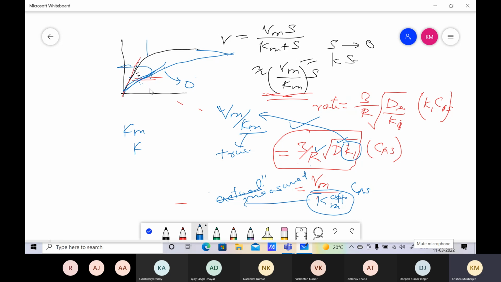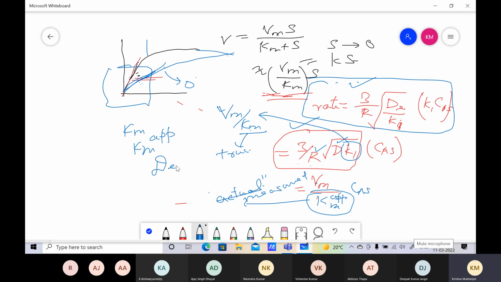And because this is a first order reaction, all our assumptions and the rate equation are perfectly okay. So we can use this equation, and between these two derivatives, we can put them equal, and you can see the relationship between Km and Km apparent, and of course dE and R. Is this obvious?